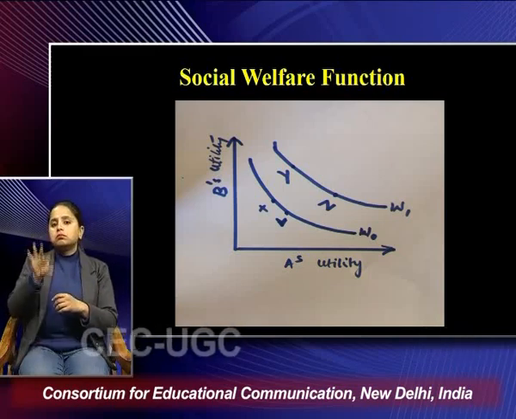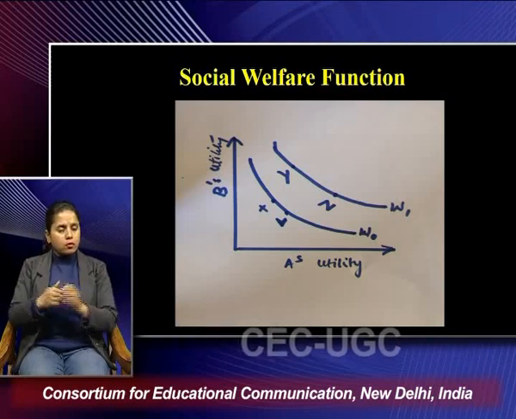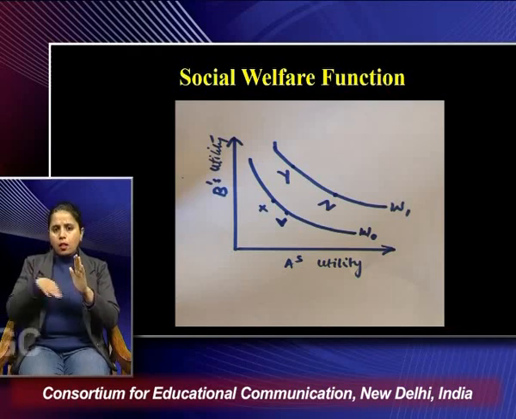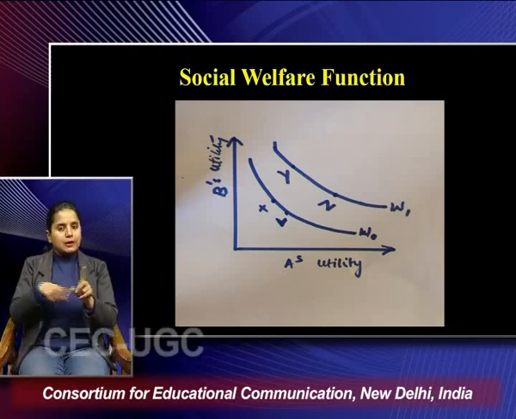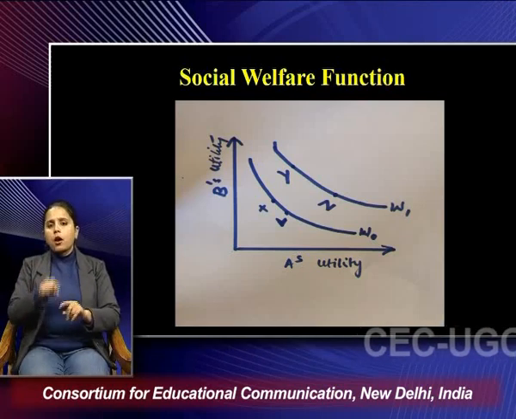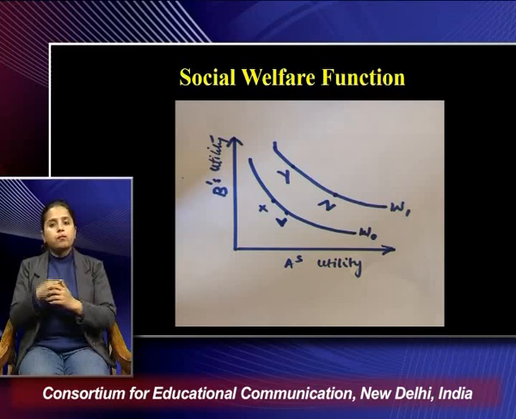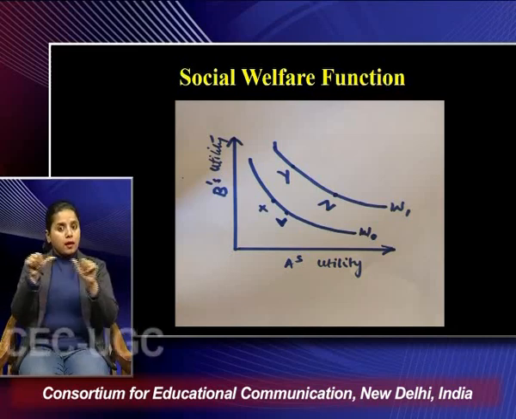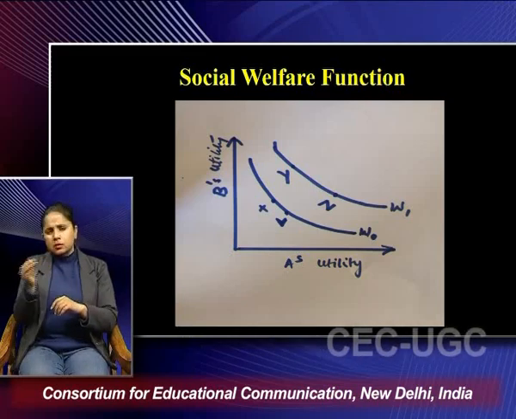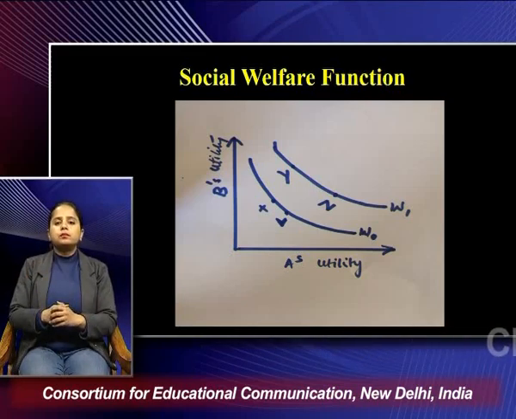The location X is associated with one level of A's utility and one level of B's utility. But when you move from point X to Z, the utility level of A has increased, but B has slightly reduced. All right. So this kind of movement cannot be considered a Pareto preferred movement.